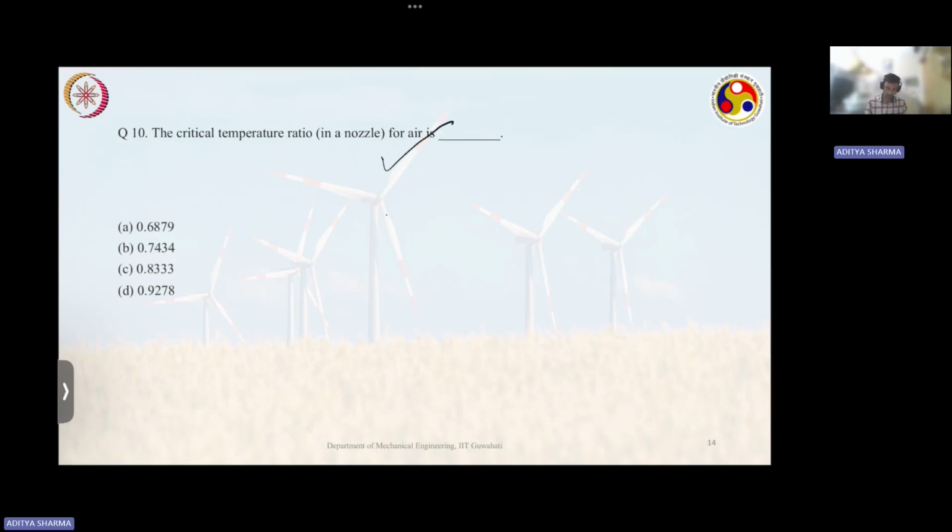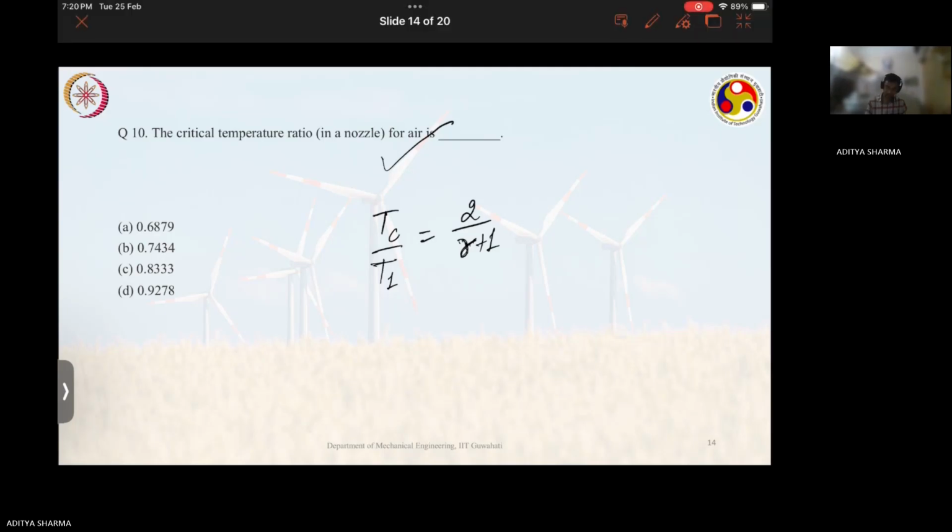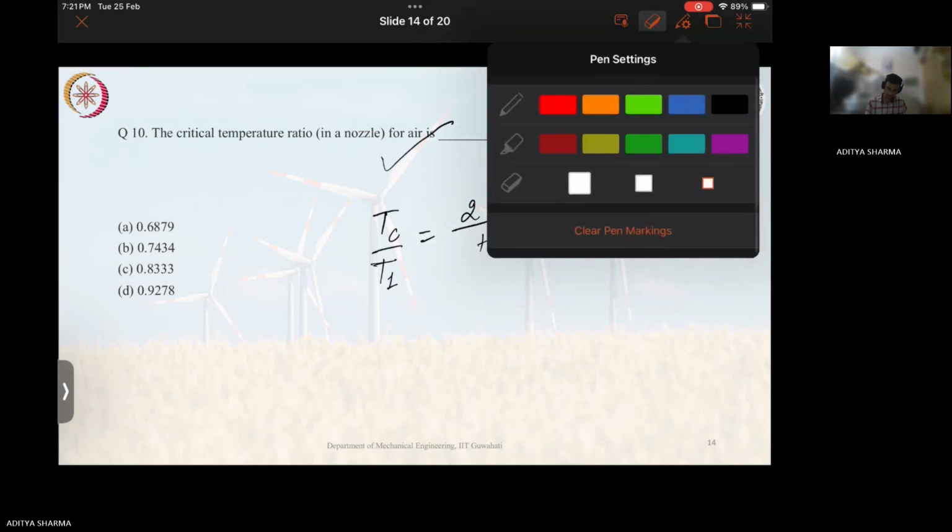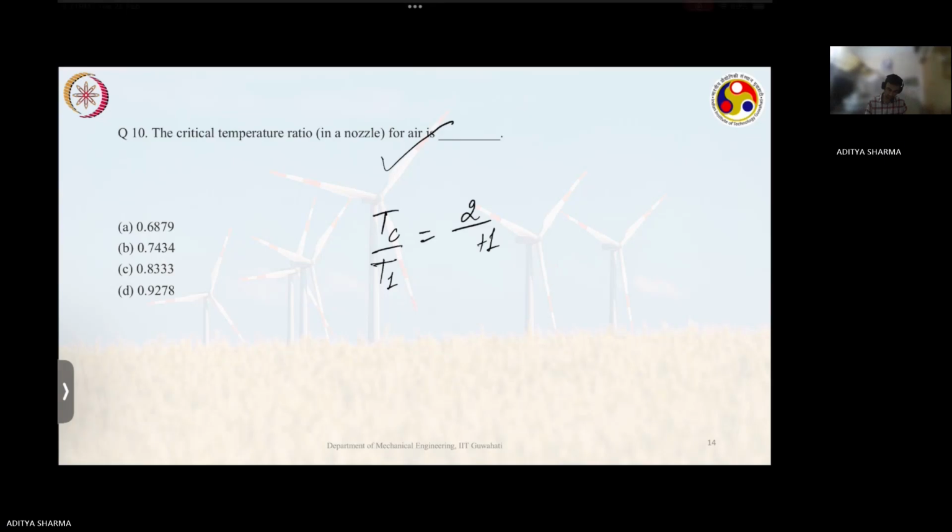So critical temperature ratio is this. Gamma is 1.4, so 2 by 2.4.